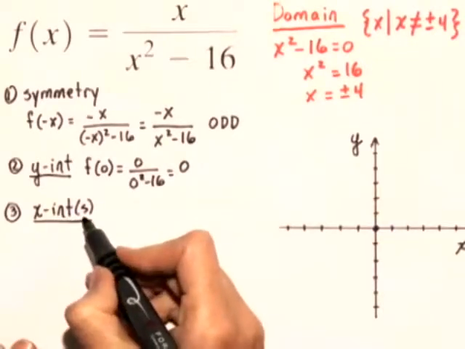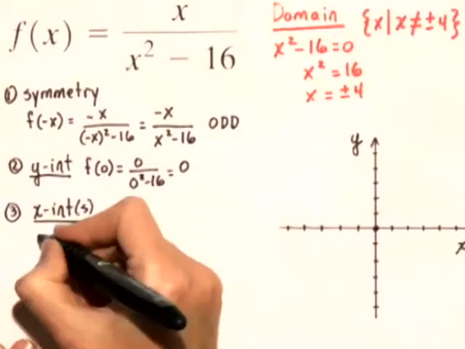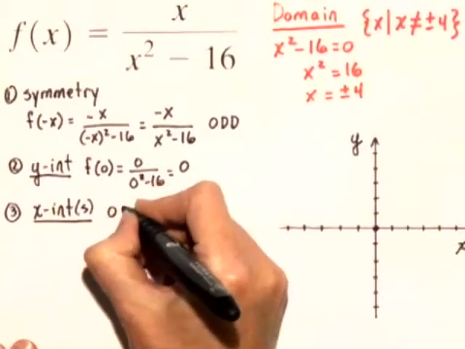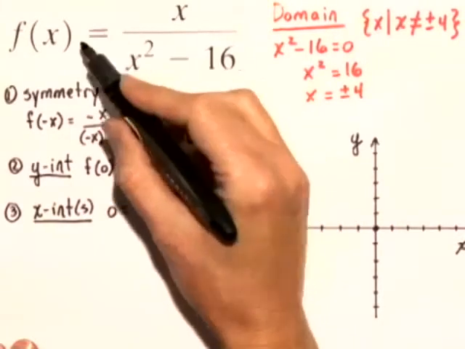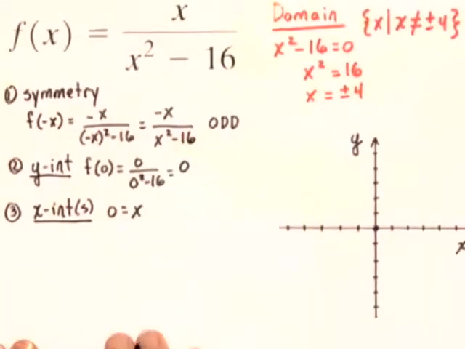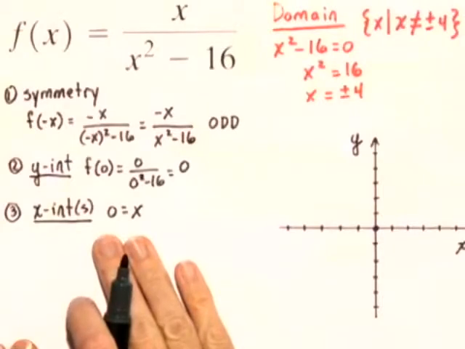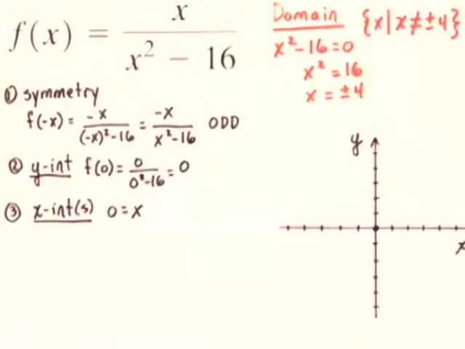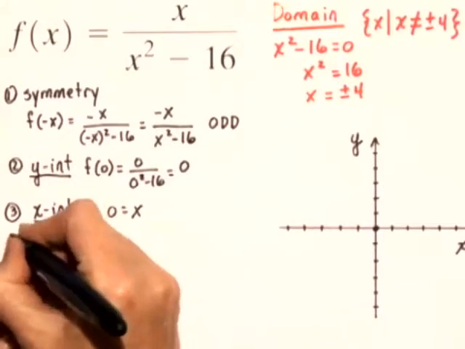We find the x-intercept by letting y equal 0. So we have 0 equals, and then we just set our numerator equal to 0, x. Well, x equals 0 is the only x-intercept.